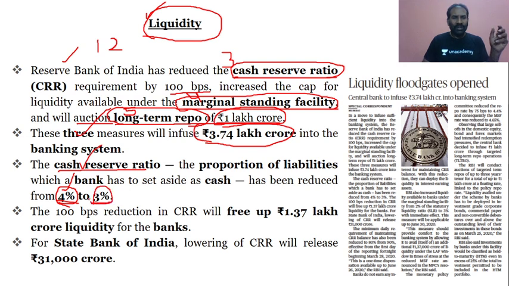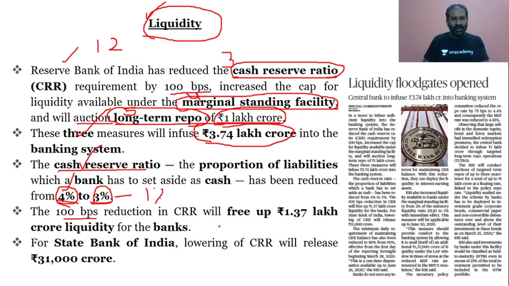That means the banks will have an extra 1% of cash with them that they can use. 4 minus 3 is 1%. So this 1% is nothing but 100 basis points. So 100 basis points is equivalent to 1%.